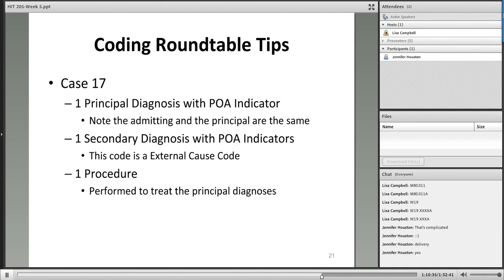So, in the alphabetical index, there's a couple of ways you can locate this code, but let's try by looking at the main term, struck, S-T-R-U-C-K, and see if we can find it there.